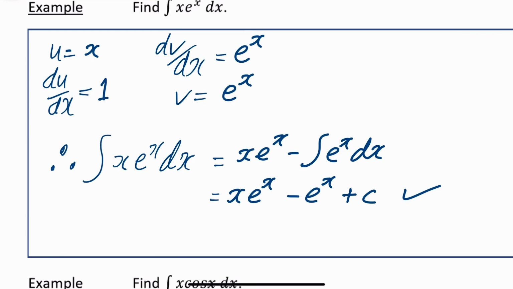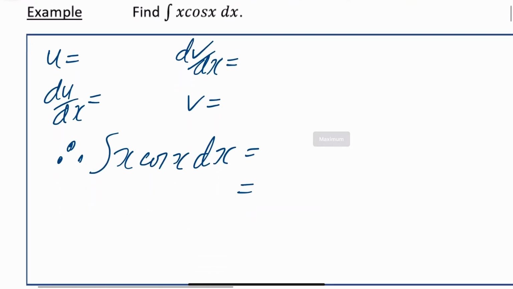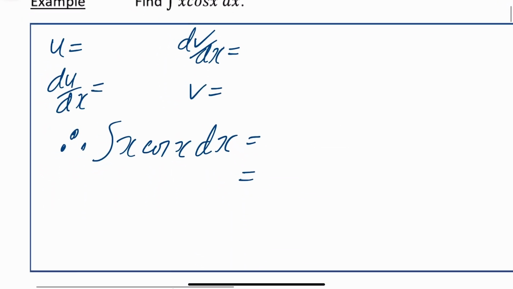Very similar in the next question as well. So this one, we've got to find the integral of x cos x. So again, let your u be equal to x, because if you differentiate it, you just get 1, a very simple function, and your dv by dx is equal to cos x. If you integrate cos x, you will just get sin x.